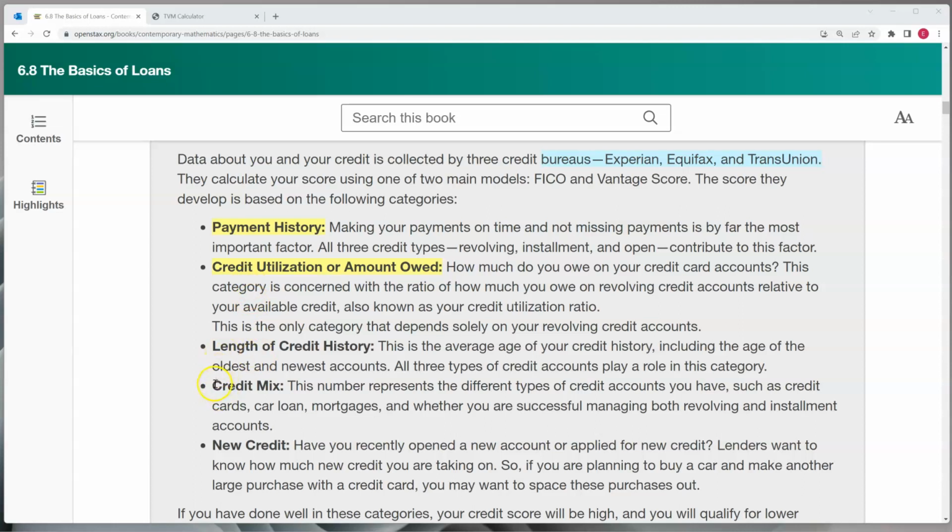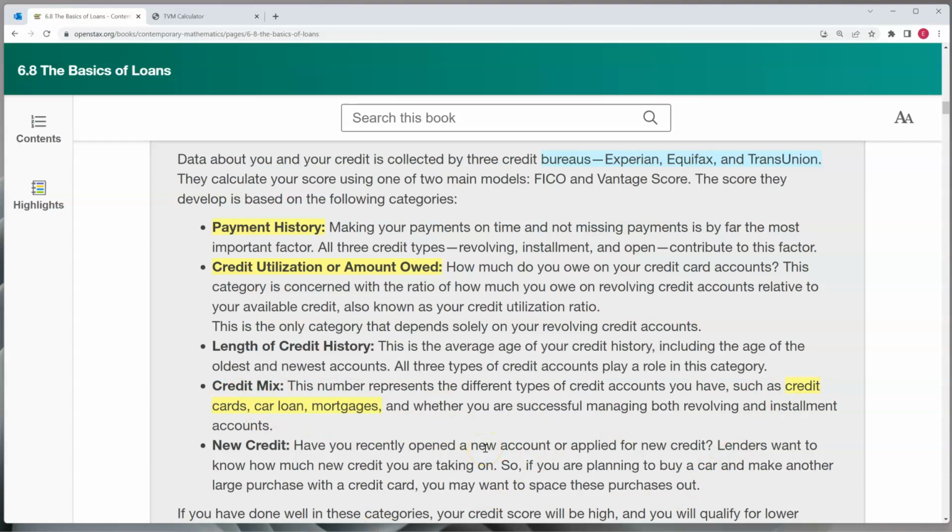Another thing that helps impact your credit is what the book calls credit mix, but it's really a diversity in the type of credits that you have. So, for example, here I'll highlight some that are on the screen. Of course, you've got your big ones: credit cards, car loans, mortgages, and of course student loans.